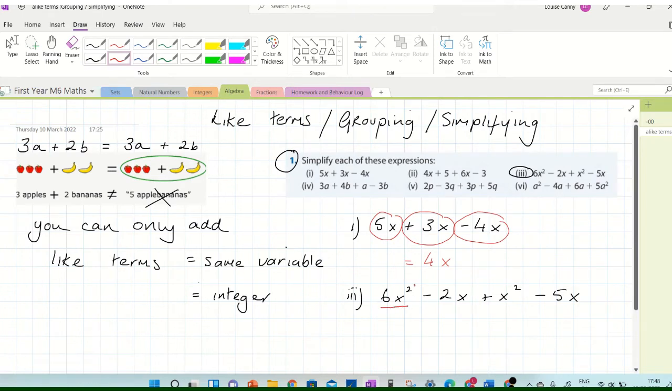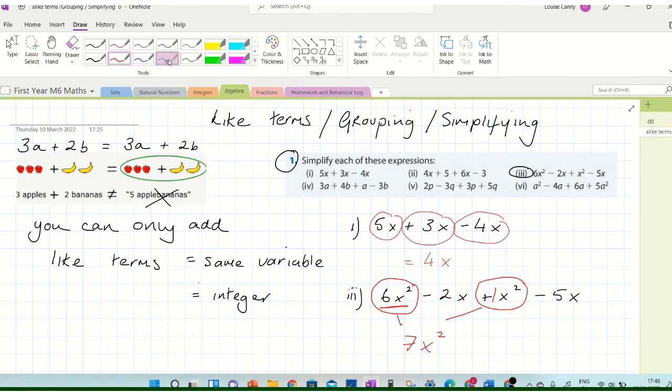You can see you have an x squared. And what you want to do is go along and see have you got any other x squareds. So I have plus x squared and I have 6x squared. So remember that's the same as plus 1x squared. So the variable is the same. They're like terms, so I can go ahead and add them. So I can put this and this together to give me 7x squared.